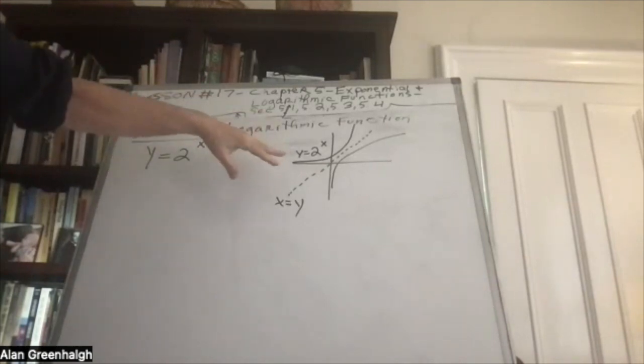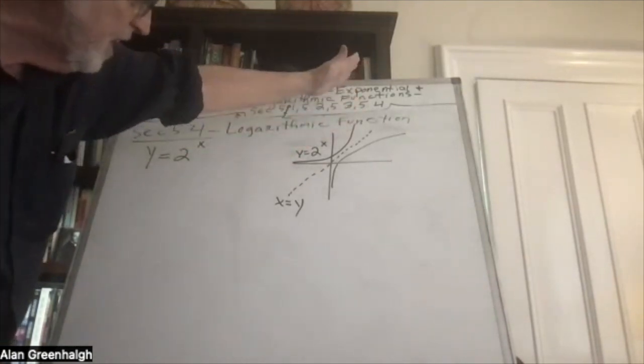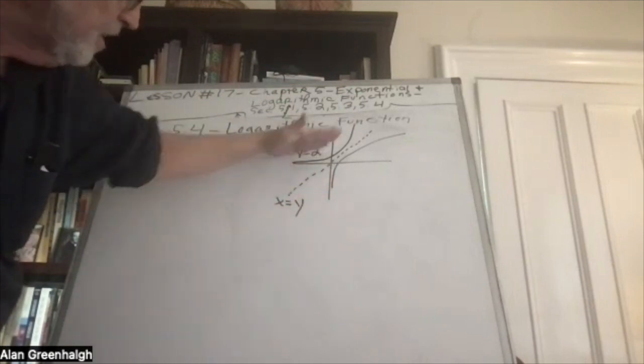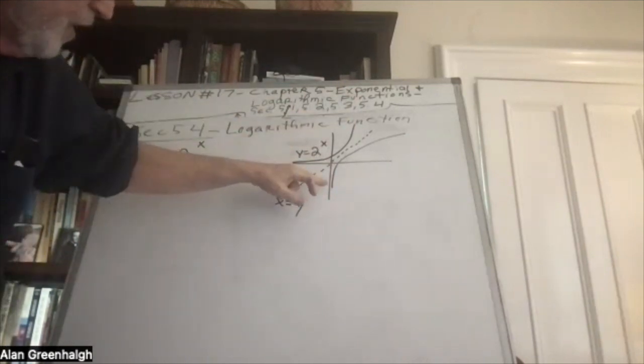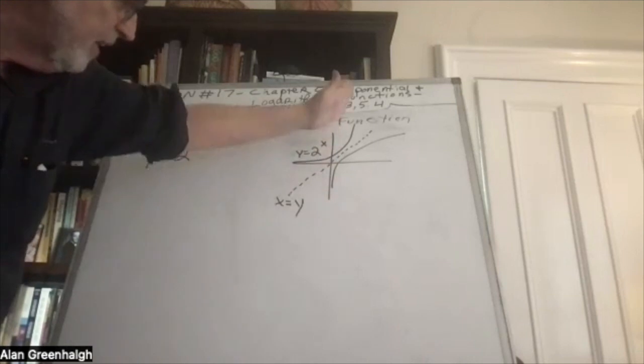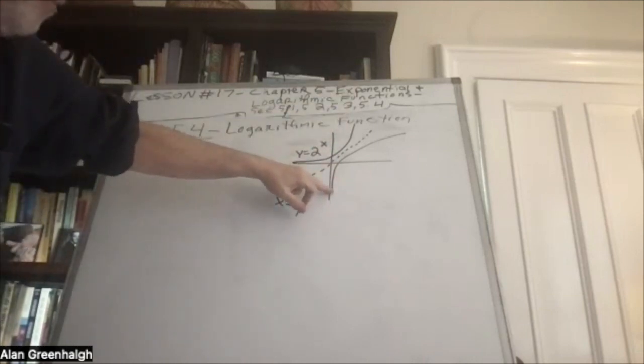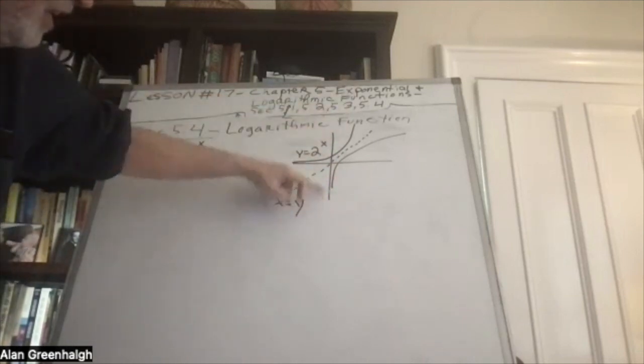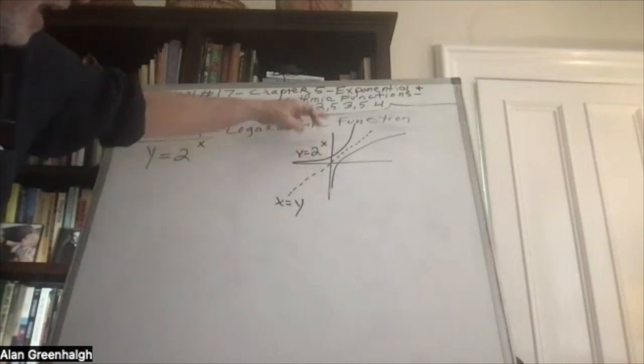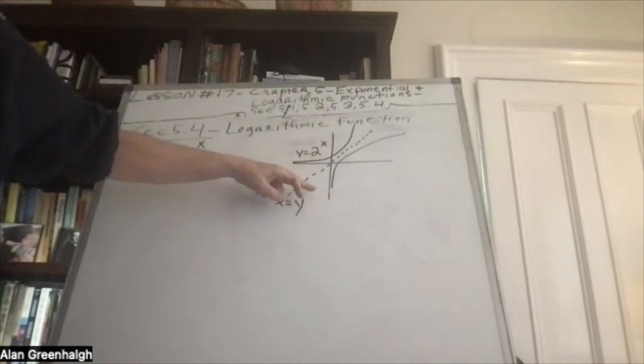Graphing it is not difficult because we can see what's going to happen. It's going to come like this, and since this is a reflection, this is going to come like that. And the inverse is actually going to have a vertical asymptote.